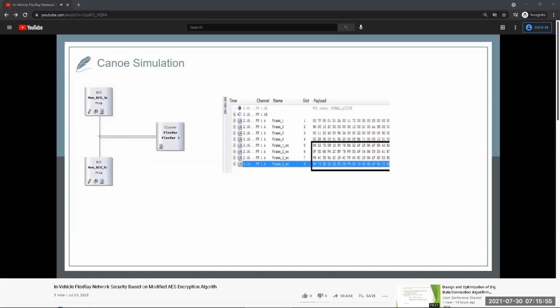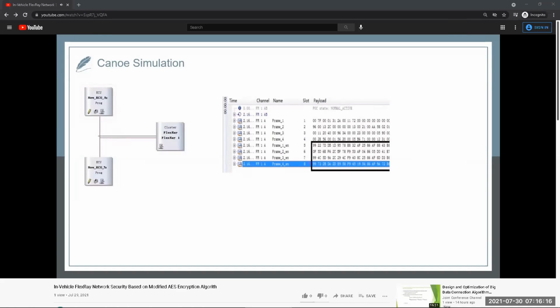In order to further verify the effectiveness of the modified AES algorithm proposed in this paper on the vehicle FlexRay bus, this paper uses the CAPL language to write the modified AES algorithm program.